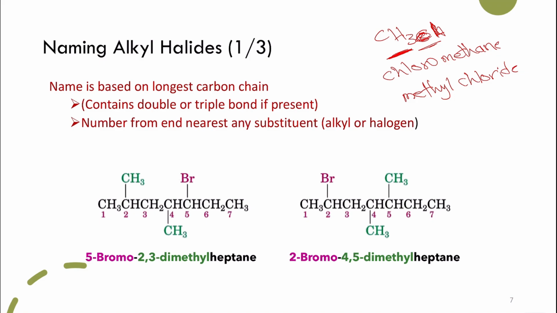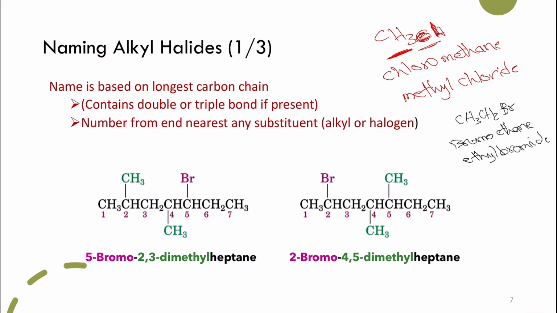Another example: if we have CH3CH2Br, we can either call this bromoethane, or we can call it ethyl bromide.